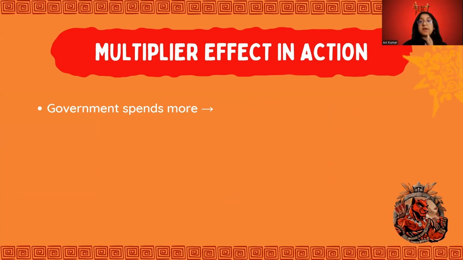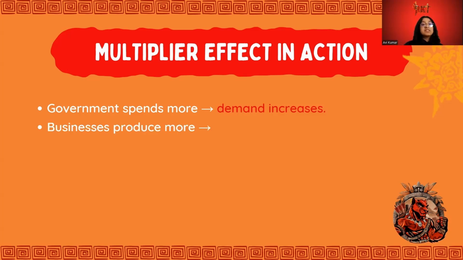So let's say the government spends more. There's a bit more government spending into the economy. And what happens because of that? Demand increases because more people have income to spend on consumption. Now, businesses produce more because of this in order to meet the growing demand, which means they have to hire more workers.